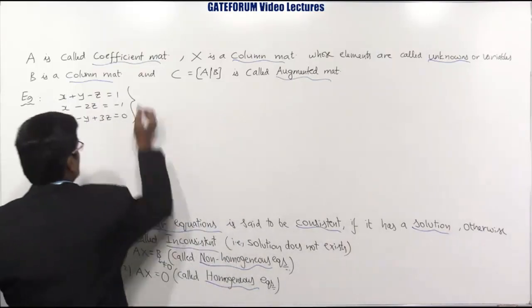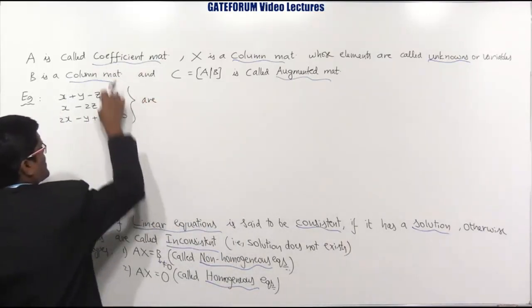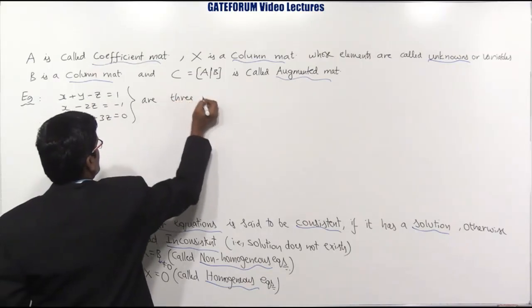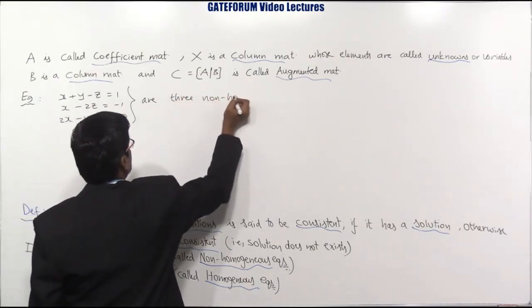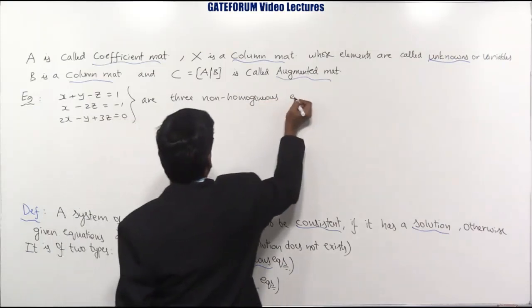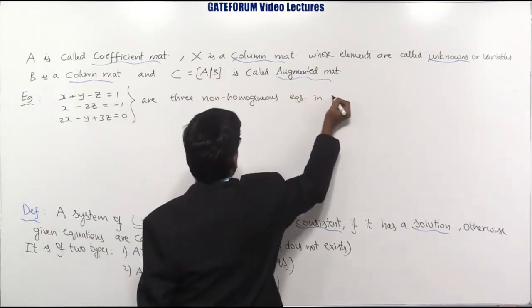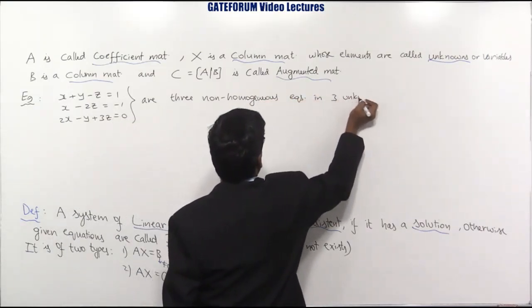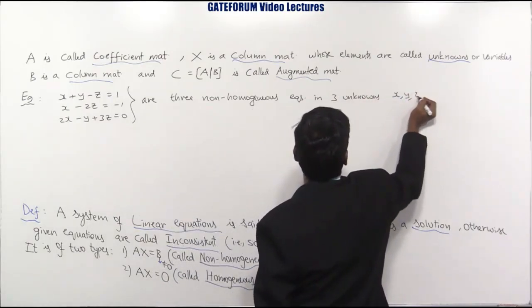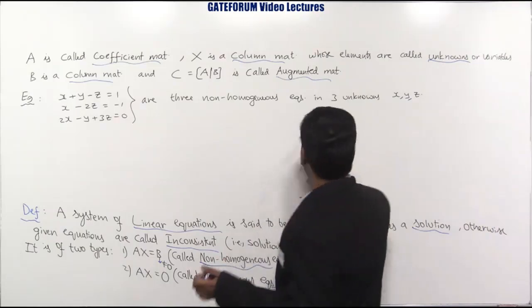Okay. So these are, one of the right hand sides is not equal to 0. So these are 3 non-homogeneous equations in 3 unknowns, x, y, z. Am I correct or not?